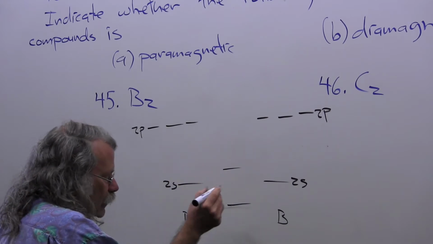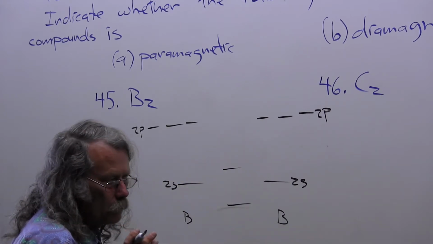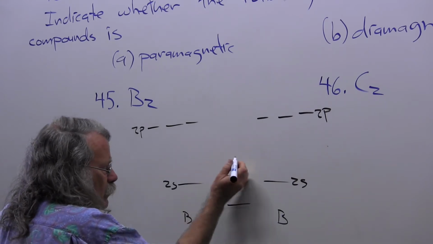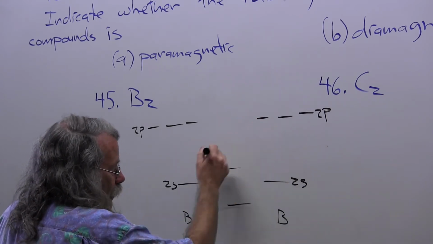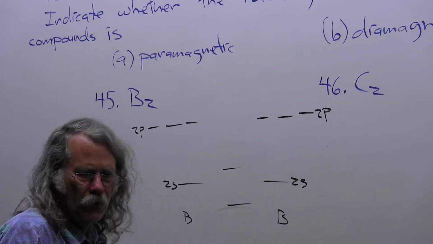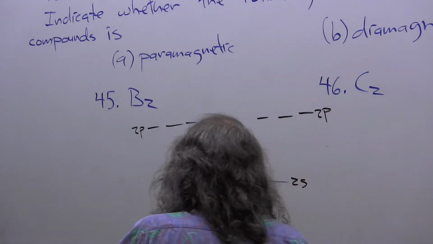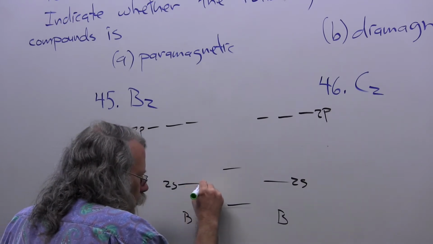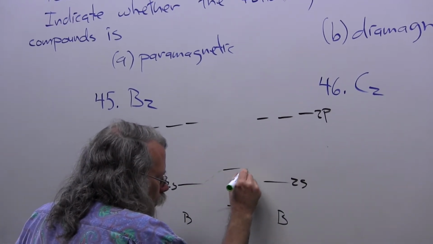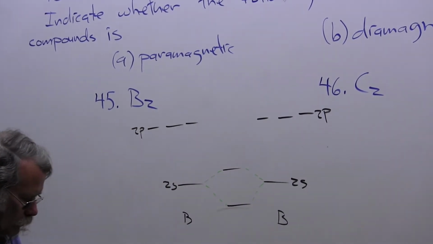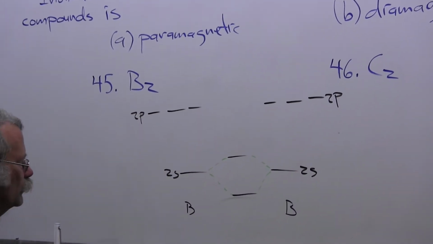And now the key to this problem and a lot of the problems we're going to be dealing with is what comes next from this: drawing lines correlating the atomic orbitals to the resulting molecular orbitals that arise from them.